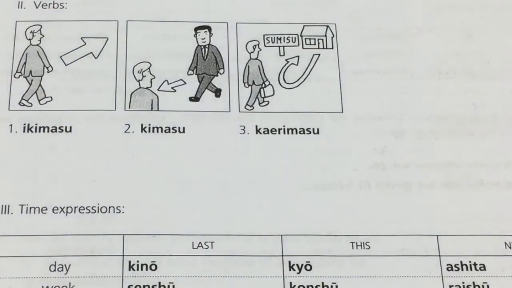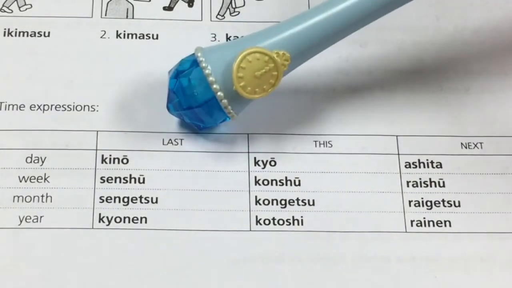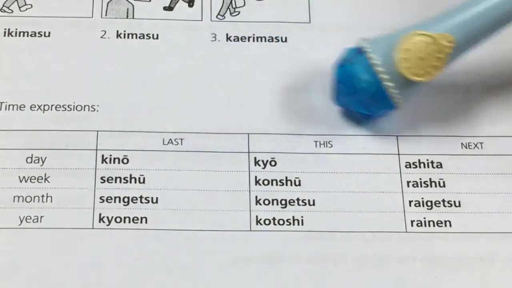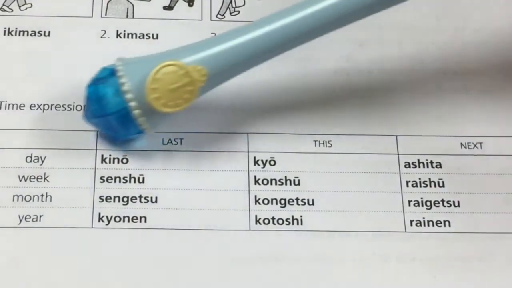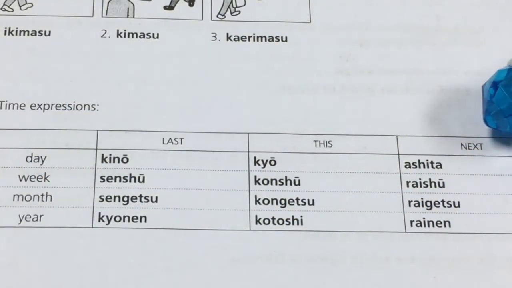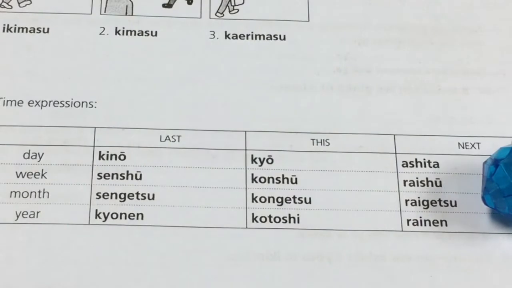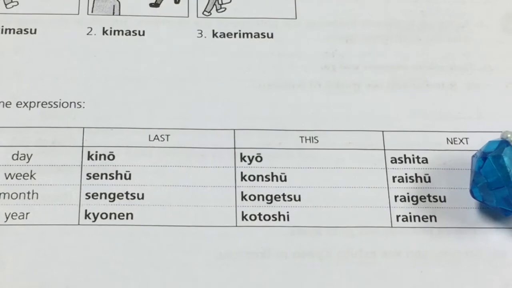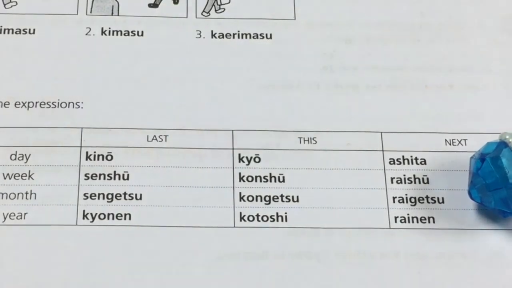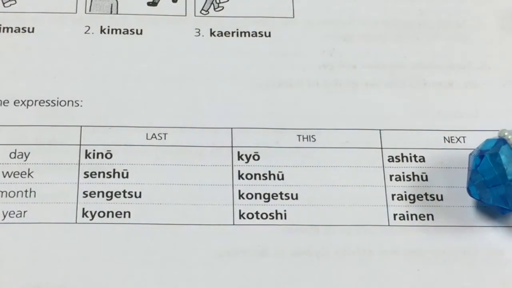If you turn to the next page, you will see the table talking about time. This time is the non-specific time. We don't use any particle with this kind of time. I remind you again, we use particle ni with the specific time or the point of time like date, day, month, year, birthday, Christmas, Valentine, any time that we can be very specific at the point of time.